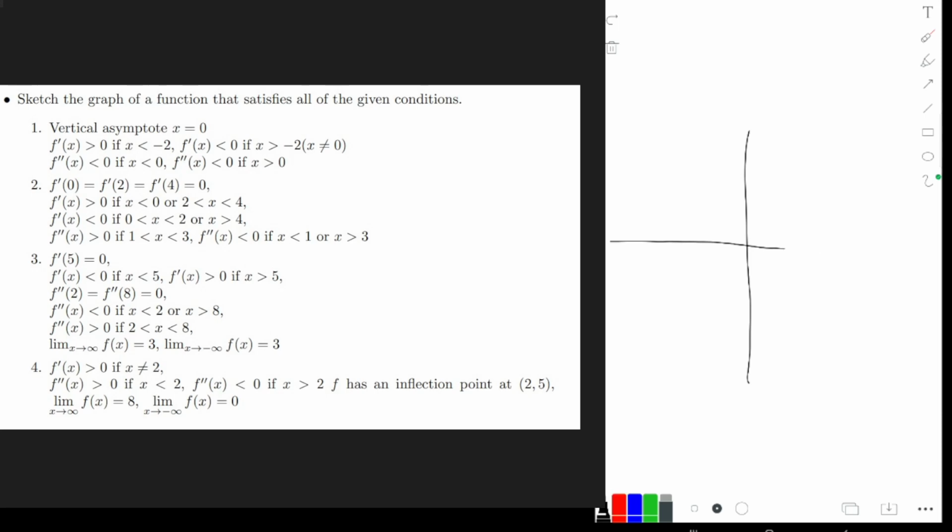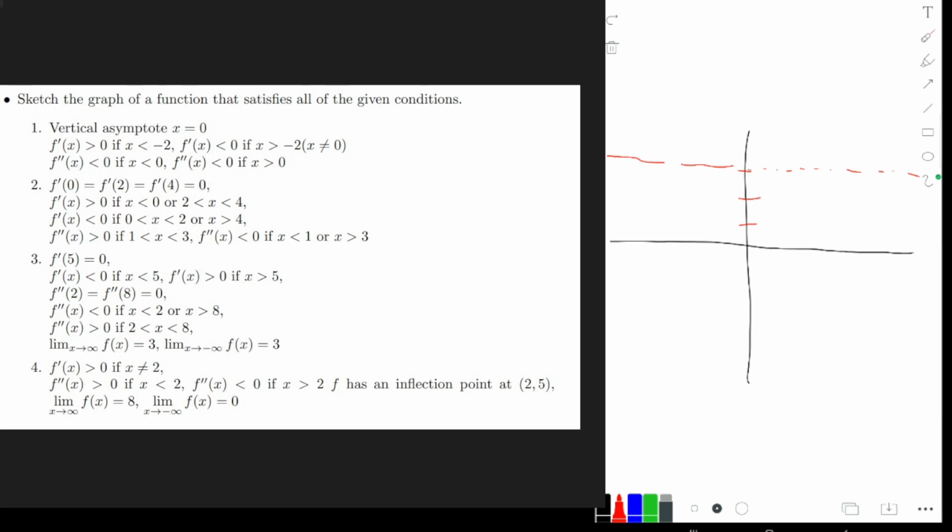Here we don't necessarily have any function values explicitly given, but we do have horizontal asymptotes. As x goes to positive infinity, it's approaching a height of 3. As x goes towards negative infinity, it is also approaching a height of 3. All right?